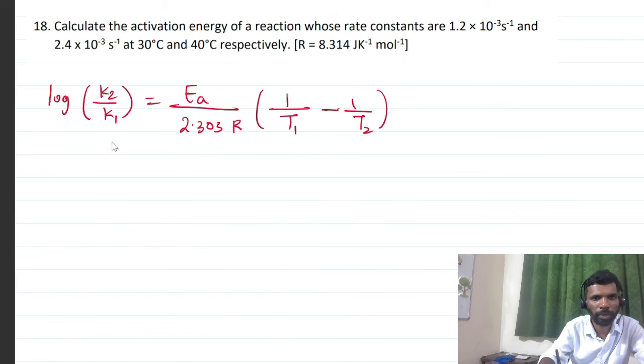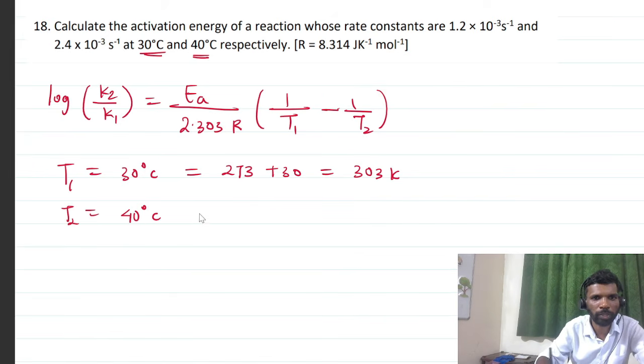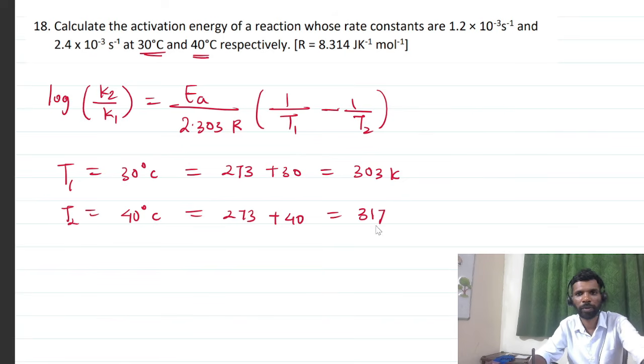Temperatures are given: T1 is 30 degrees Celsius, which is 273 plus 30, means 303 Kelvin. And T2 is 40 degrees Celsius, which is 273 plus 40, which is 313 Kelvin.